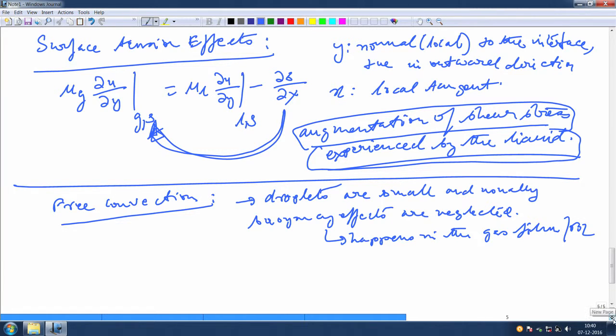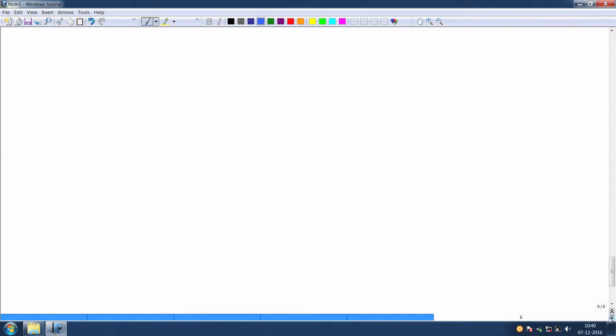But in some cases it may not be all that negligible. So, in order to define the effect of buoyancy, we define a number called the Grashof number. You know what a Grashof number is? If you do not, just open up your natural convection book and you can see.